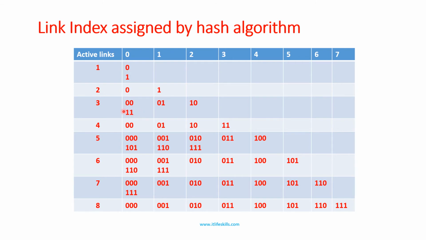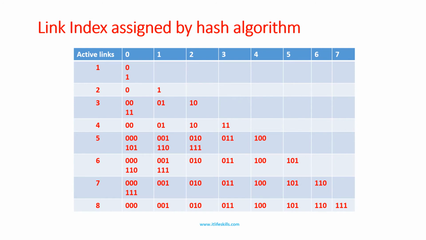That's how the round robin will feel. Now if we have 4 links, after the XOR or bit operation, if the result is 0 0, link 0 will be used. 0 1, link 1. 1 0, link number 2. 1 1, link number 3 will be used.